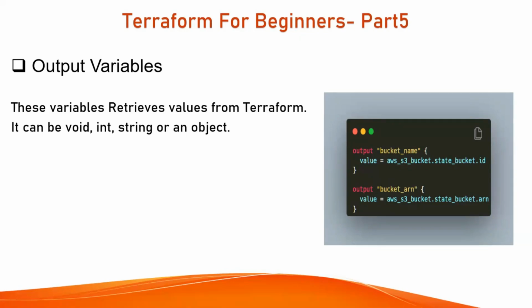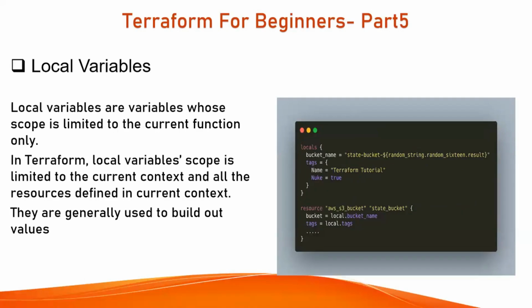Moving to the last variable, which is local variable. Why do we need these local variables? Local variables are variables whose scope is limited to the current function only. In Terraform, local variables' scope is limited to the current context and all the resources defined in the current context.